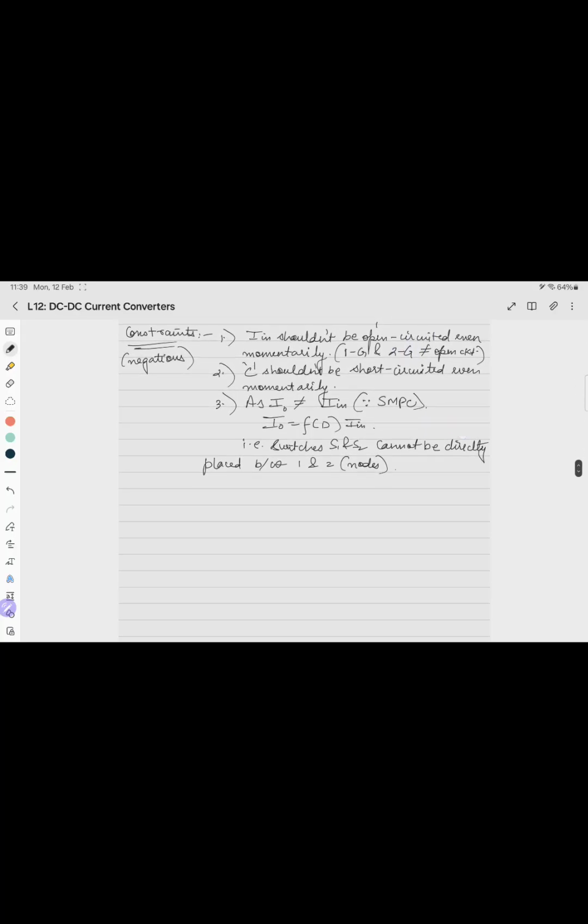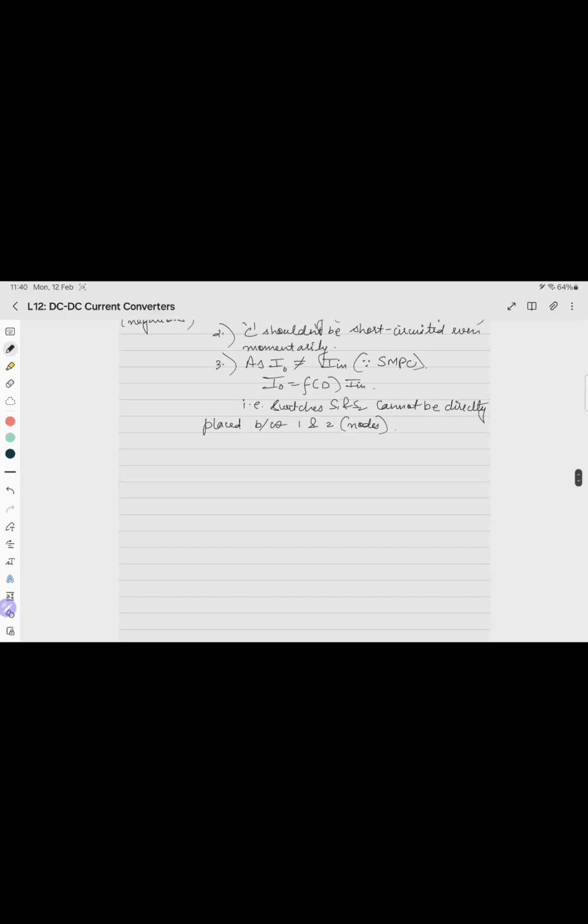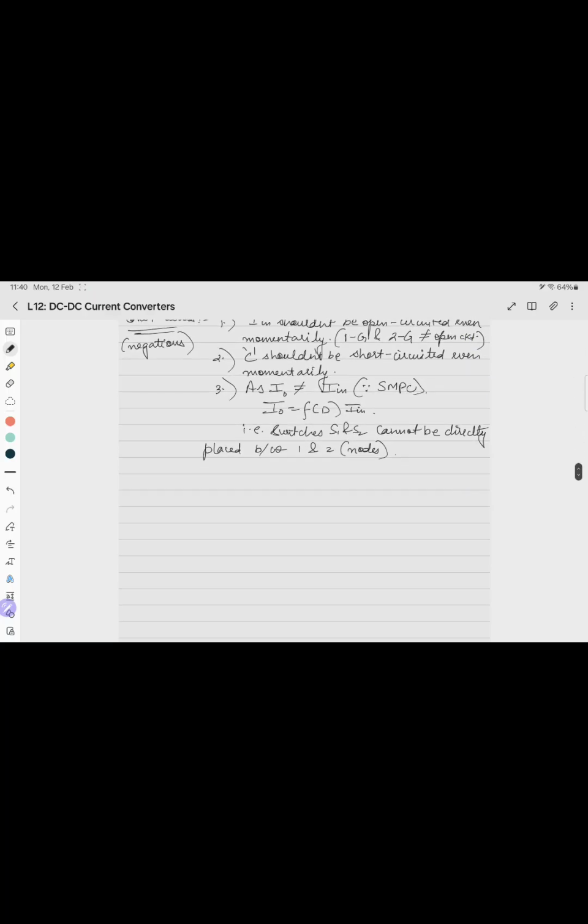So there has to be some circuit element, say a capacitor, between nodes 1 and 2, or it can be simply short circuited. Either there should be an element connecting 1 and 2, or 1 and G can be short circuited and 2 and G can be short circuited.